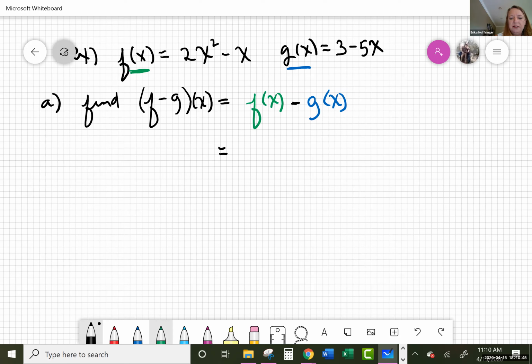So all I'm doing is I'm going to go back and rewrite it. So instead of writing f of x, I know f of x is the same thing as 2x squared minus x. So I'm going to rewrite that, 2x squared minus x minus, so be careful, I need to put parentheses around that whole equation of g of x. And g of x is 3 minus 5x.